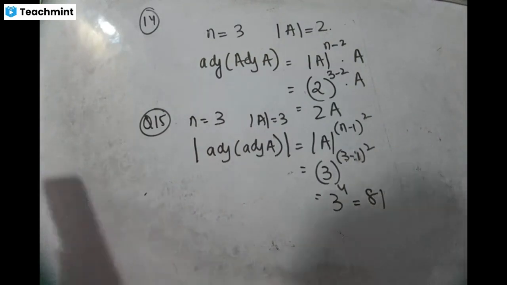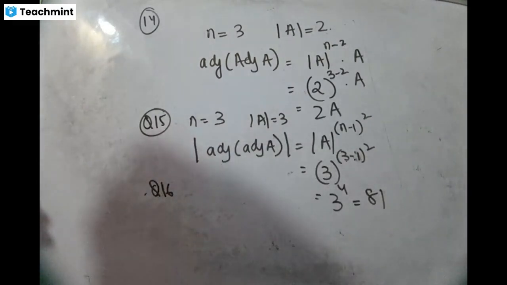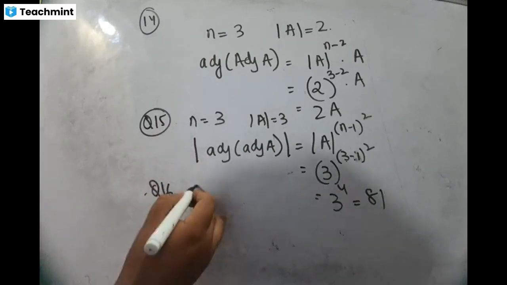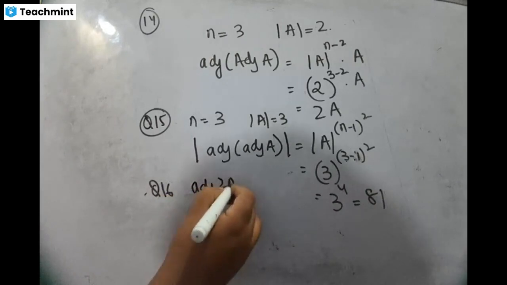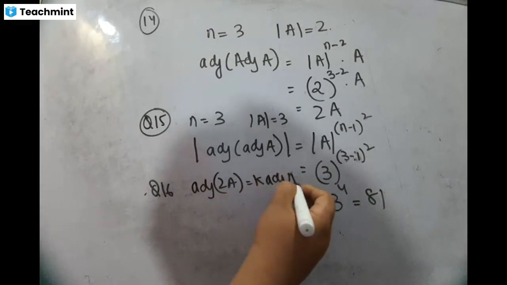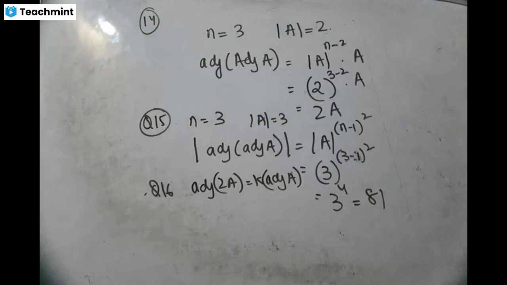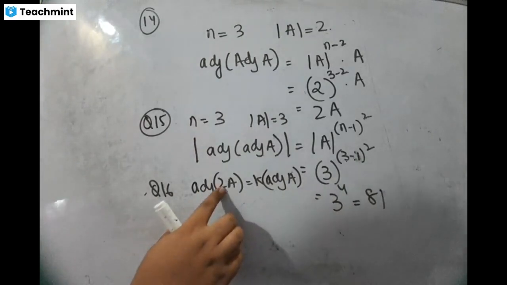Okay, question number 16. Question number 16 says, if A is a square matrix of order 3 such that adjoint of 2A equal to K times adjoint A, I have to find out the value of K. Now everyone just see, this is adjoint, this is a scalar.